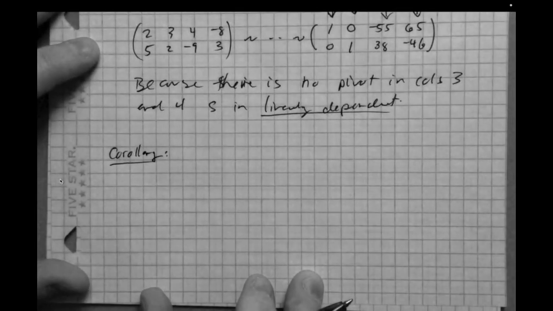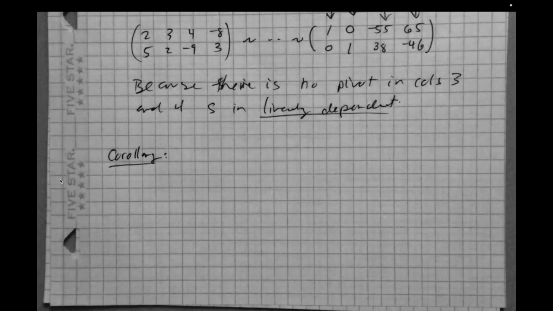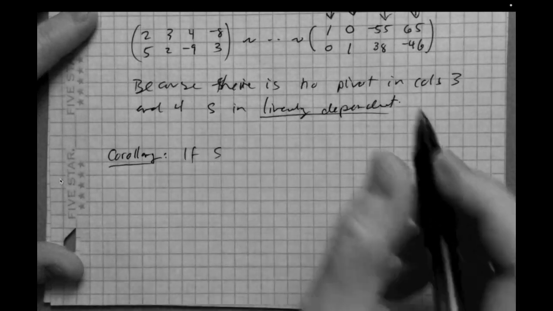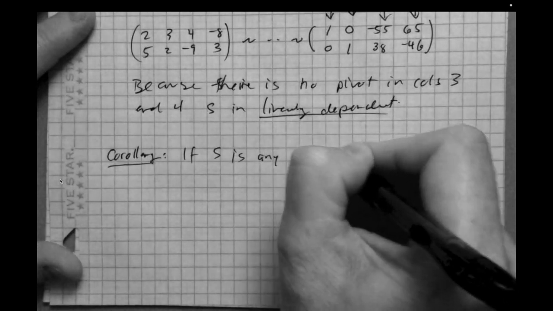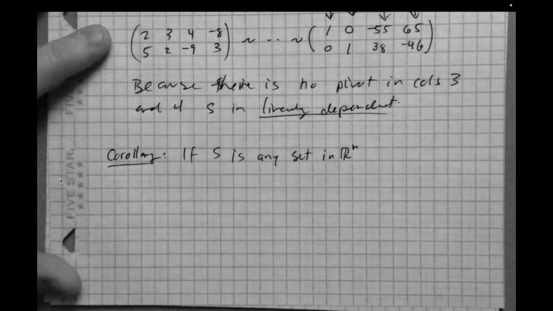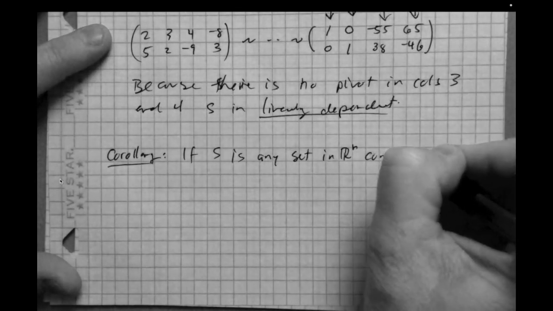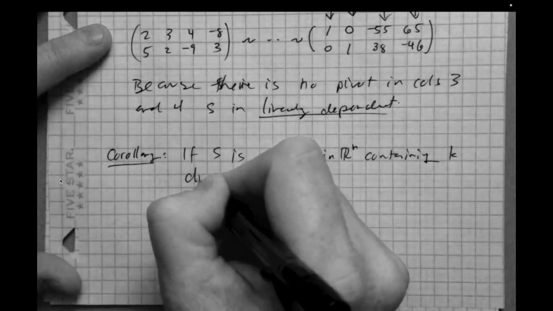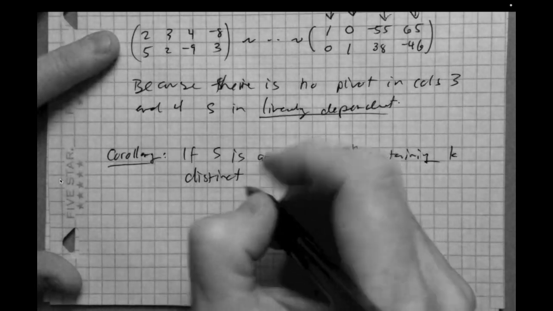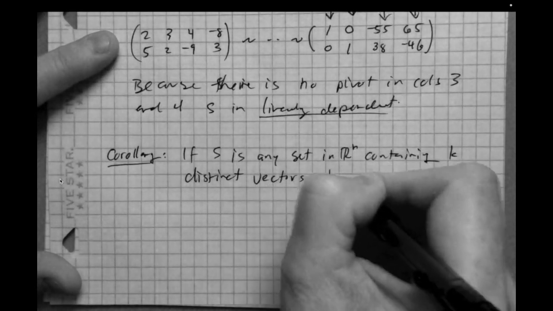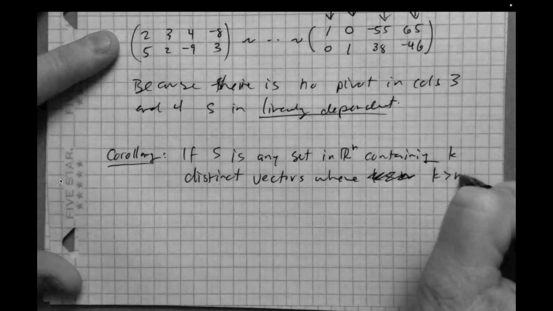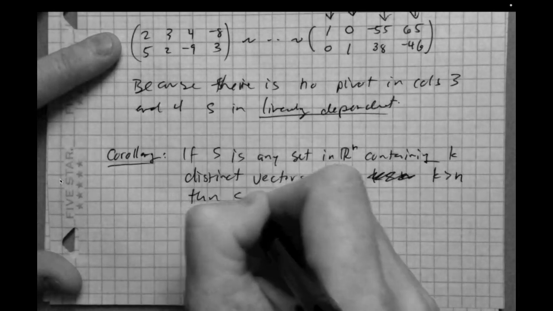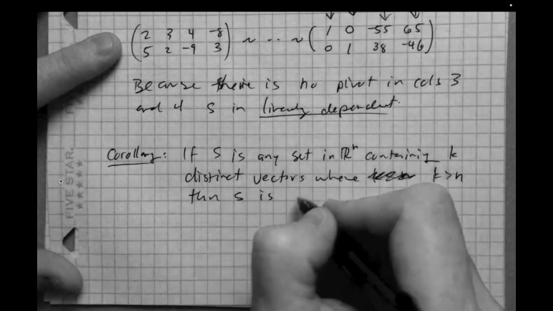You start to see some of the really great structure of this idea of linear independence in this corollary, I think. So if S is any set in Rn containing k distinct vectors where k is less than n, other direction, where k is greater than n, then S is linearly dependent.